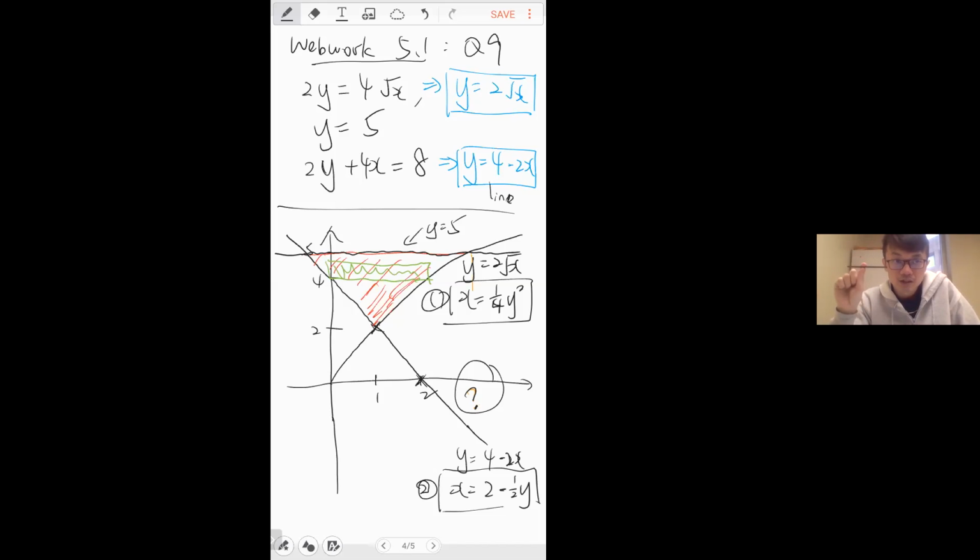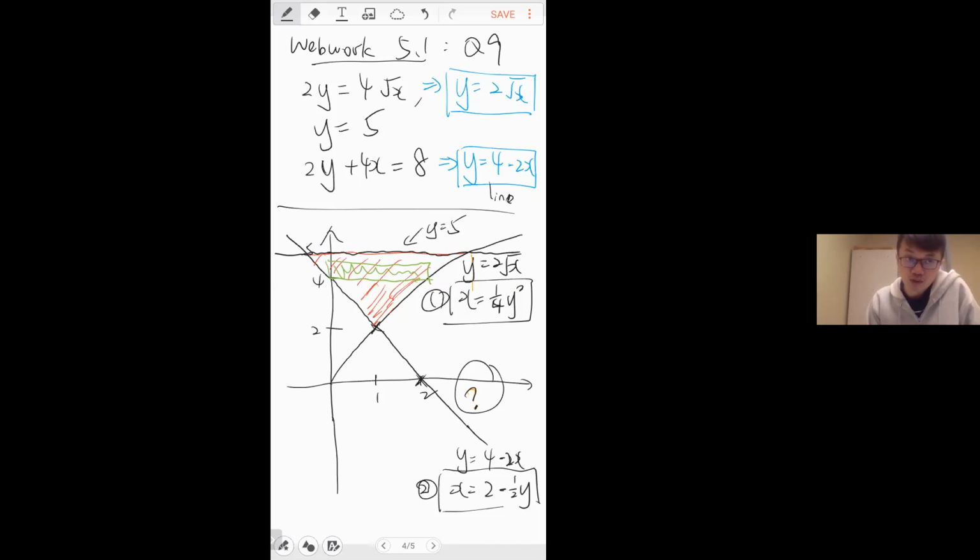When I'm doing horizontally, how do I know which one is more to the left? So for horizontal integration, you would always do right minus left.